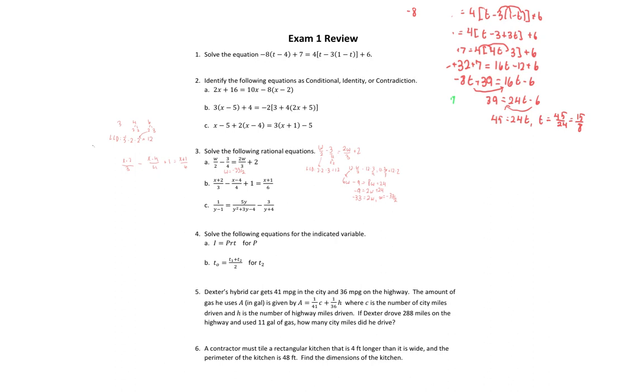So I'm going to multiply everything I have times 12. So I'll have 12 times x plus 2 over 3 minus 12 times x minus 4 over 4 plus 12 times 1 equals 12 times x plus 1 over 6.